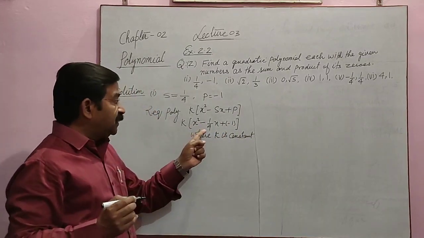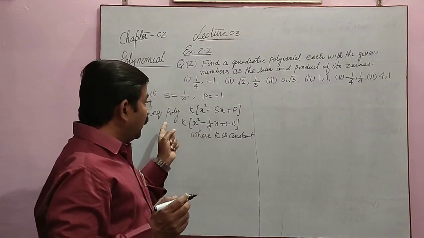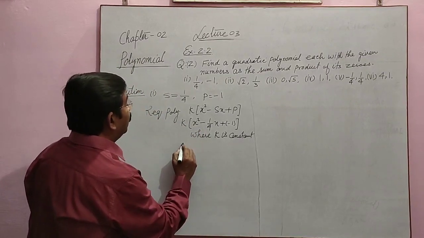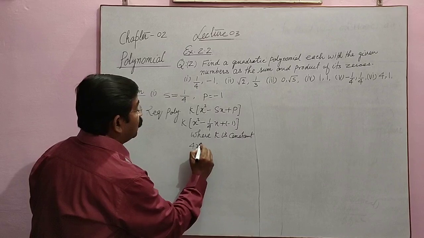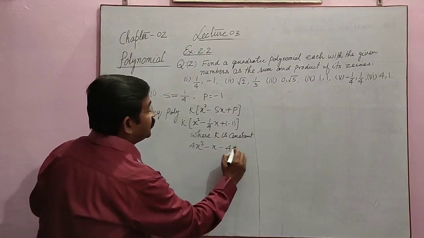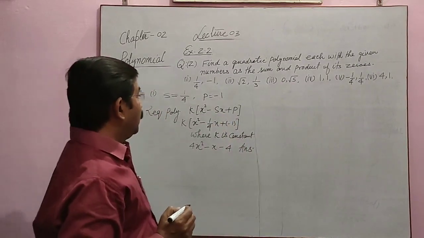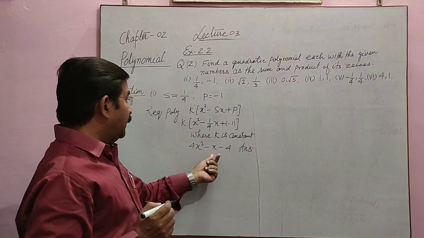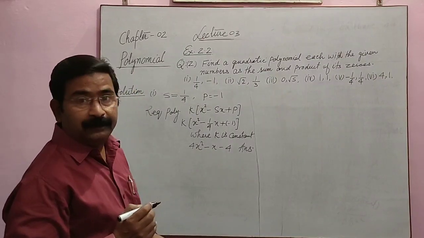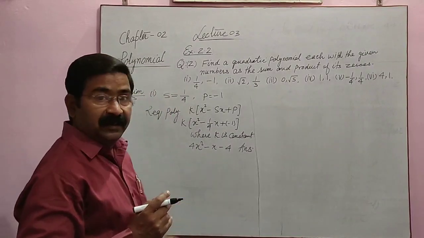Now here LCM of the bracket is 4. So what we do? We multiply the whole bracket by 4. What is the result? We have 4x square minus x minus 4. This is required polynomial. This is the first method. Using first method, we can find out the result.